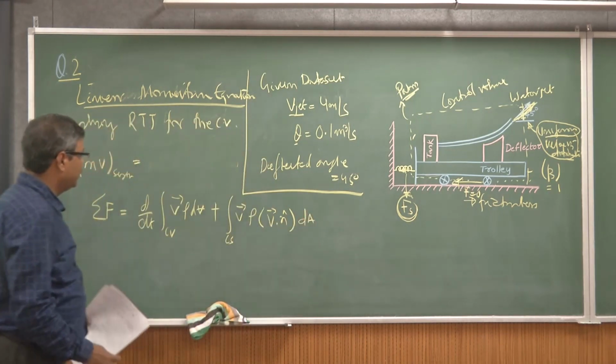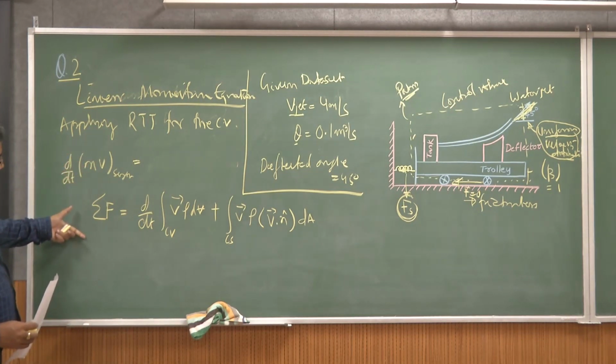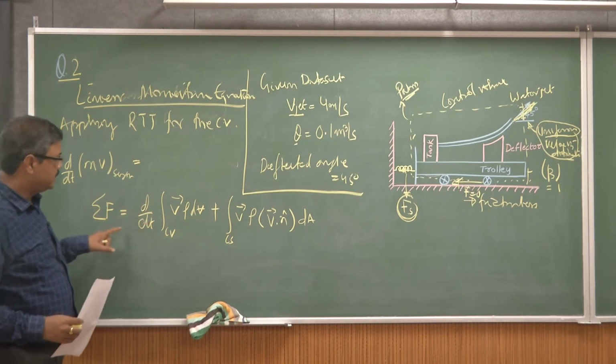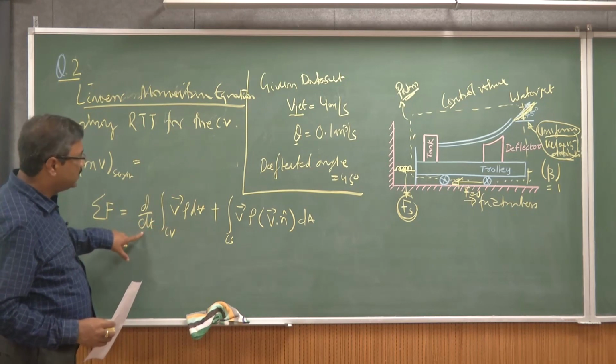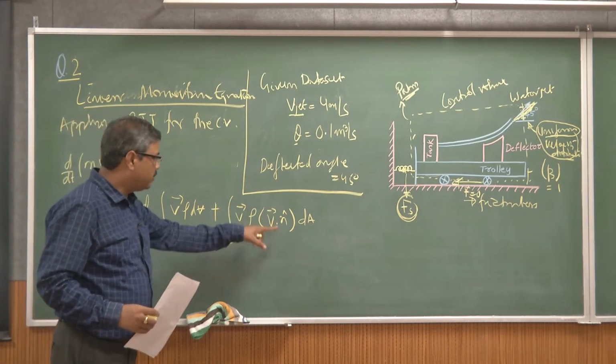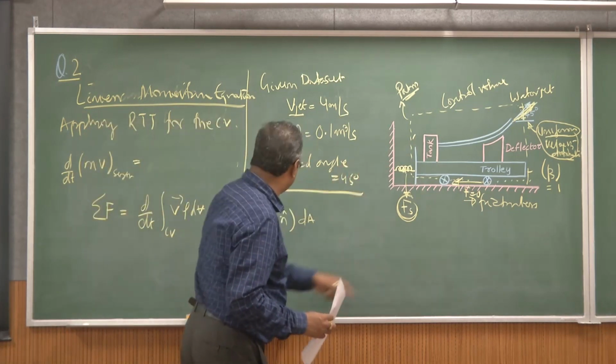If you can remember the Reynolds transport theorem, the sum of the forces acting on this control volume is equal to the rate of change of the momentum within the control volume, plus the net momentum flux passing through this control surface.